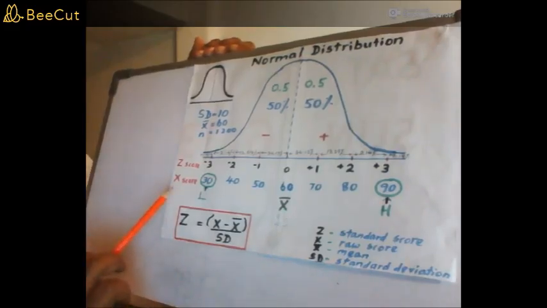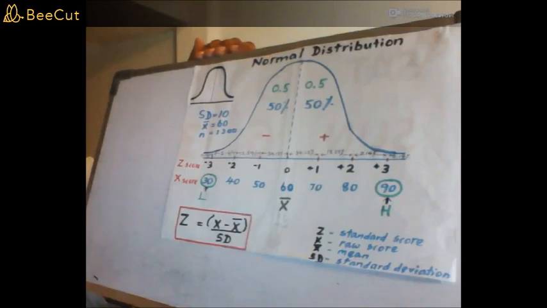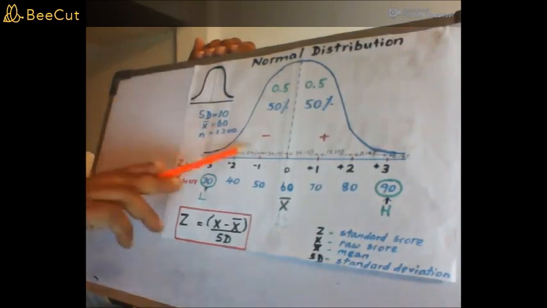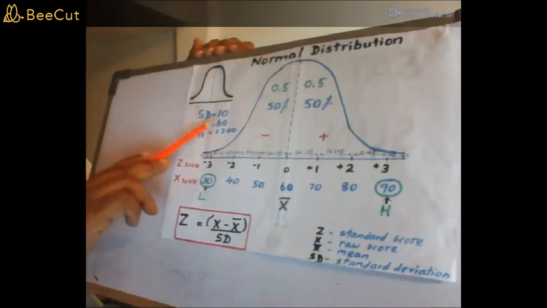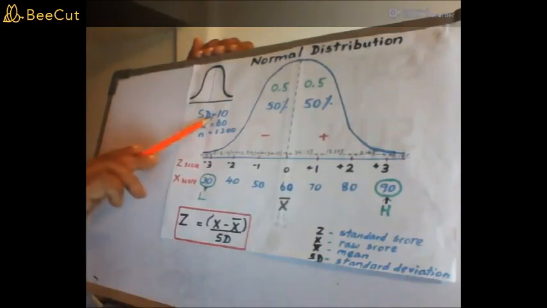Now, when you go through the questions related to the normal distribution, you can find they give the standard deviation. You don't have to calculate. Don't worry. They give the standard deviation. Not always 10. According to this example, it's 10.